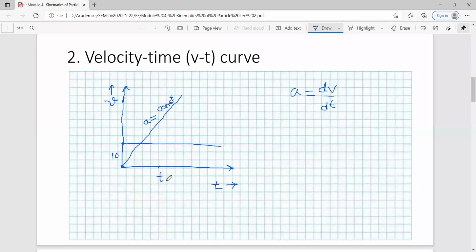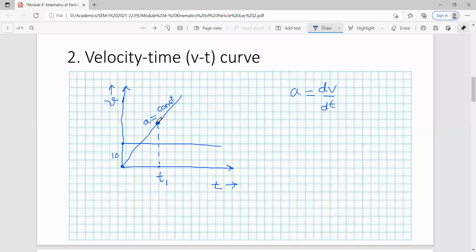That is, I am asked to calculate the acceleration at time t1. So what I will do, I will first locate where is the time t1. After that, I will go to the particular point on the graph here.